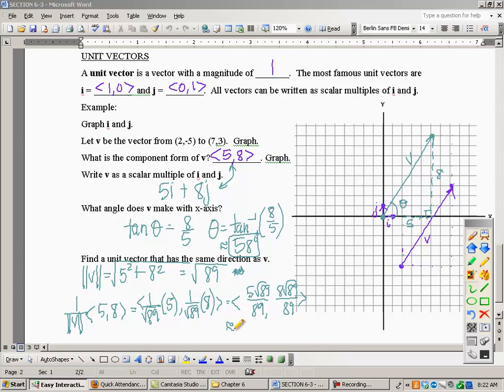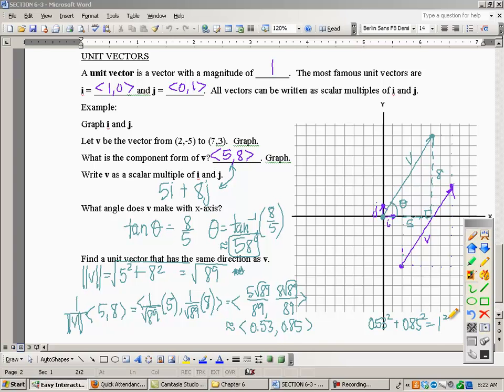If I asked for it in decimal form, you could plug this in your calculator and you'd get approximately 0.53 and 0.85. Now, if I wanted to check whether this was a unit vector, which means the hypotenuse of my triangle is 1, I could check by asking: does 0.53 squared plus 0.85 squared equal 1 squared?